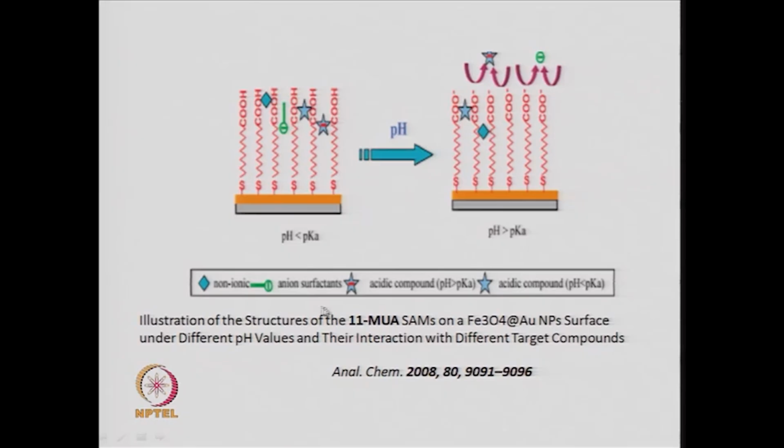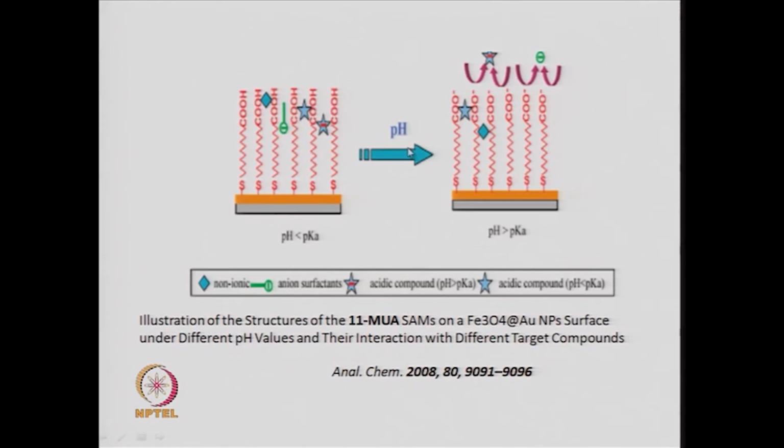So, if you choose 4 types of these species, say non-ionic molecules, anionic surfactants, and some acidic compounds whose pH is greater than pKa, and finally, some acidic compounds where the pH is less than pKa. If you have these 4 types of molecules, then this form of the functionalized molecule where the pH is less than pKa will bind to all the 4 different types of species.